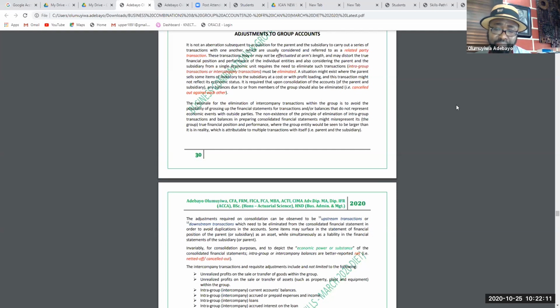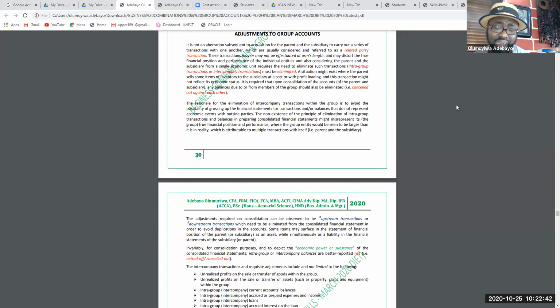If it goes to the bank, it will borrow at 15% or 18%. Now, since the parent has acquired the subsidiary, what sense does it make for the parent to continue to put its money in a GTB fixed deposit at 10% and require its subsidiary to go and borrow from the same GTB at 15 or 18%?